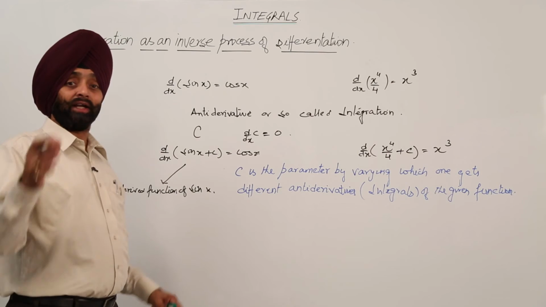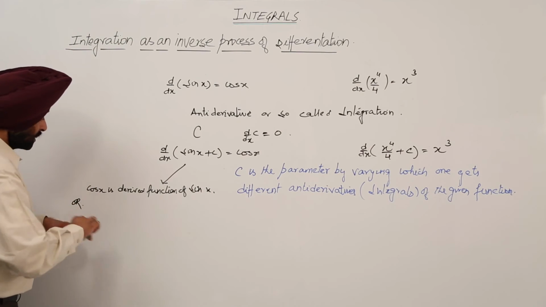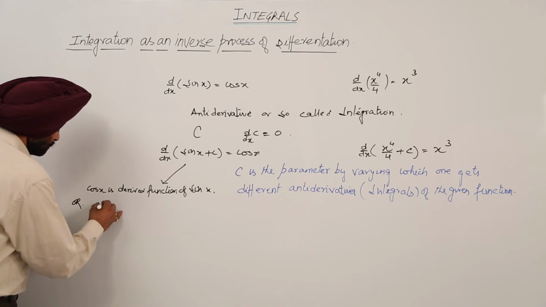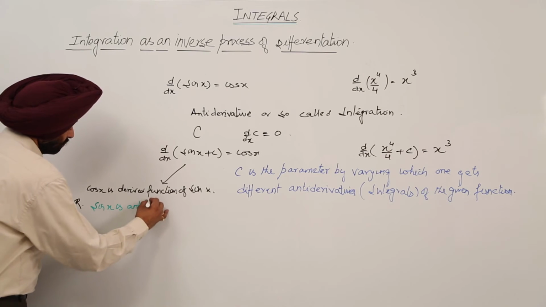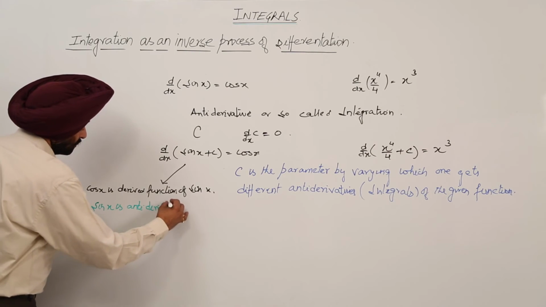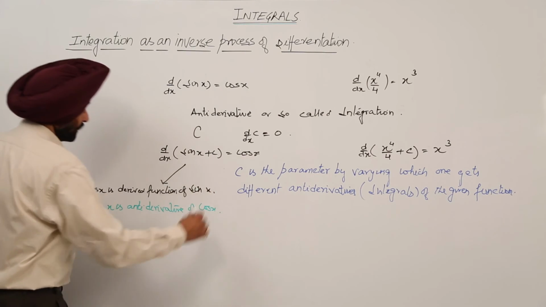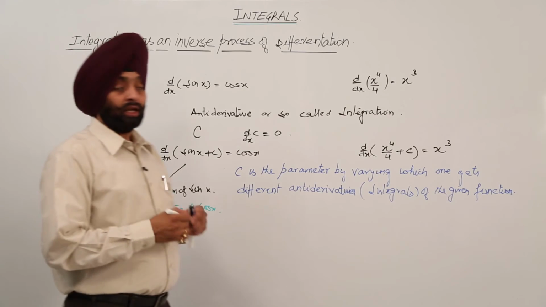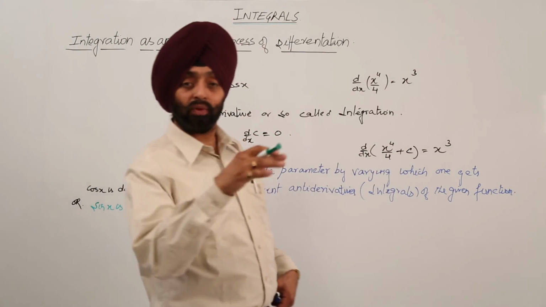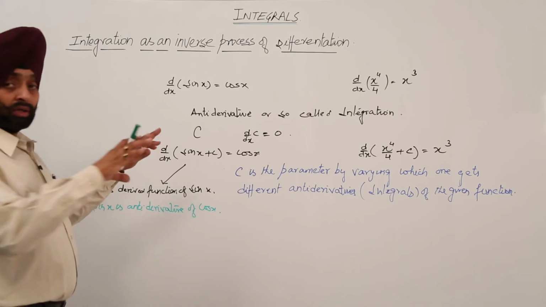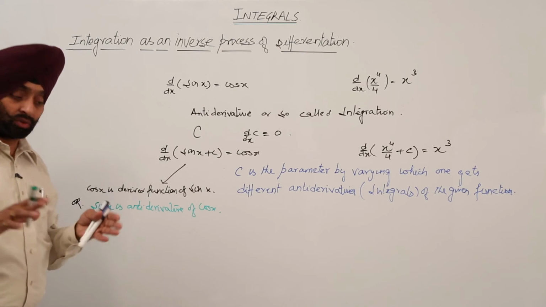Or we can write it, sin x is the antiderivative of cos x. Similarly, x raised to power 4 upon 4 is the antiderivative of x cube. So now, integration as an inverse process of differentiation, is it clear to you?